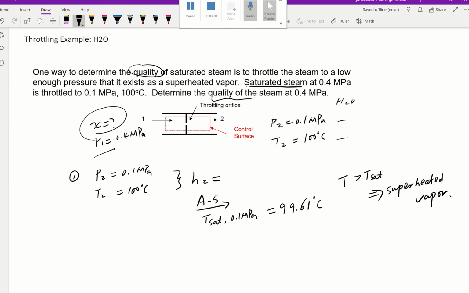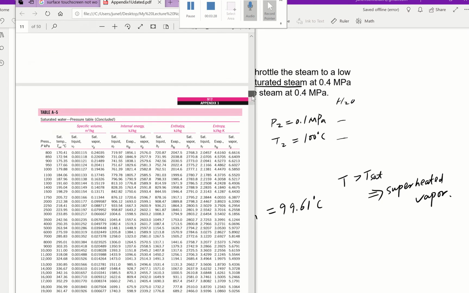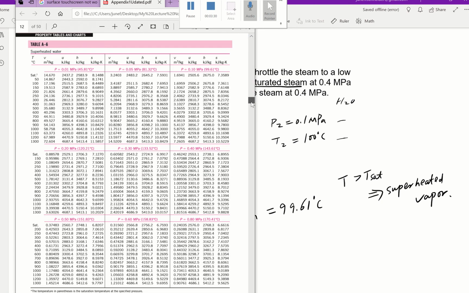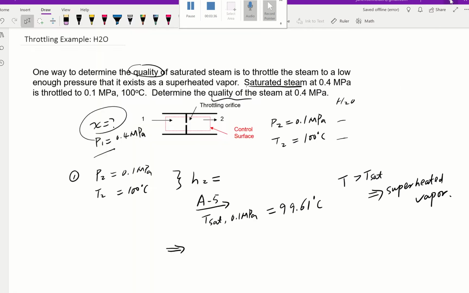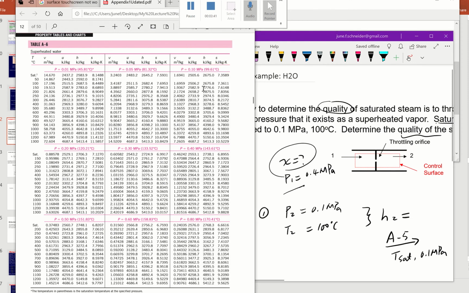So if it's superheated vapor, that tells us we're going to go to a different table. We're going to move down to table A6. What are the two properties? We know the pressure, 0.1 megapascal. So let's go to 0.1 megapascal, and the temperature is 100.